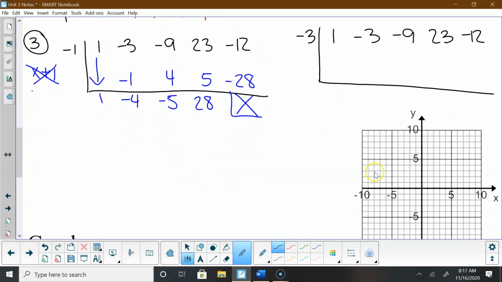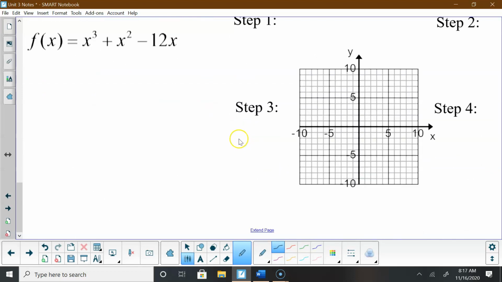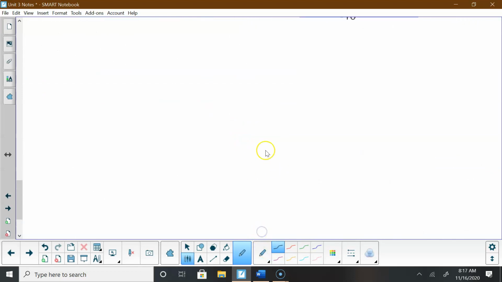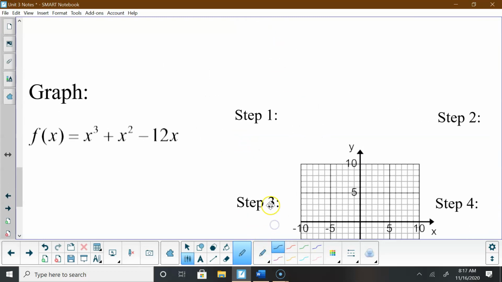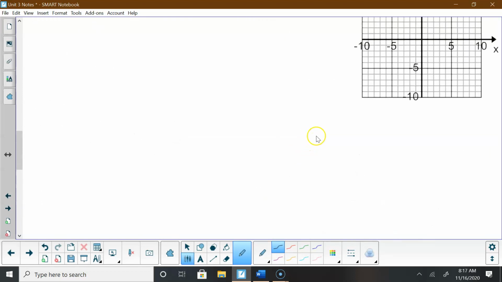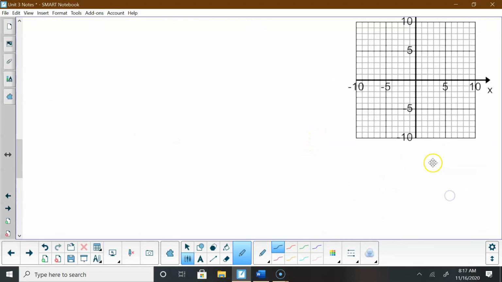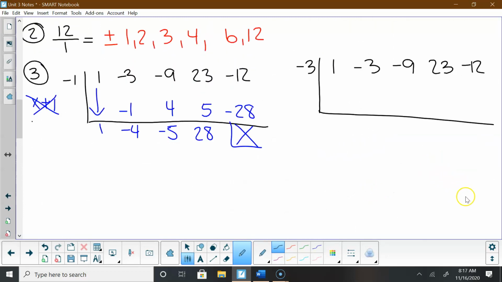You guys start doing that division. I need more space. All right, did it work or no? It did?